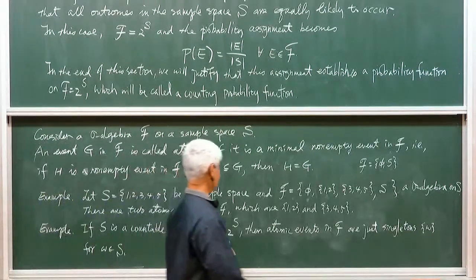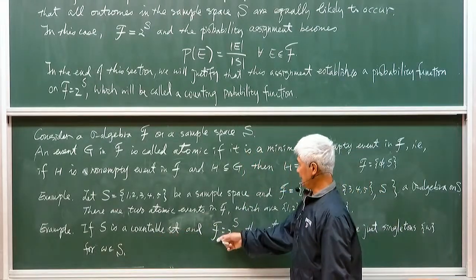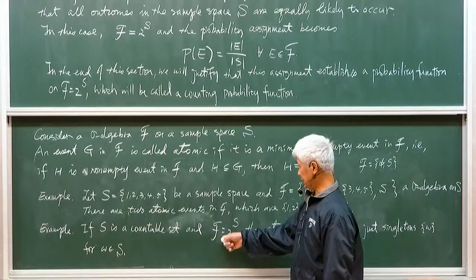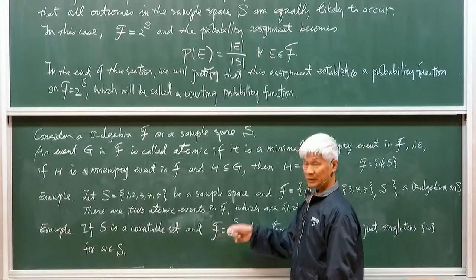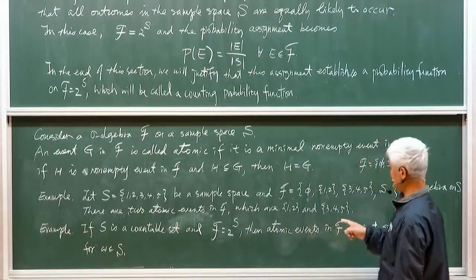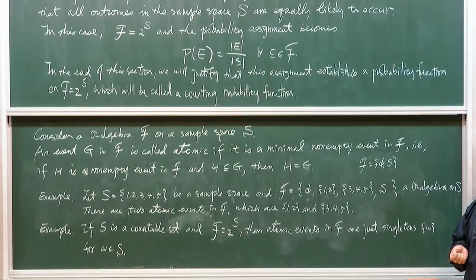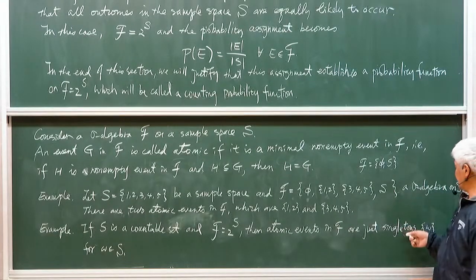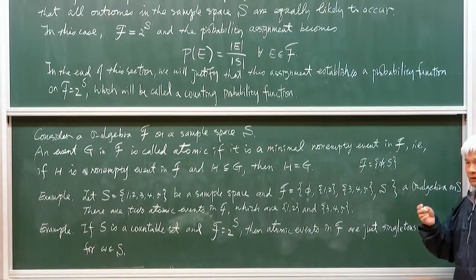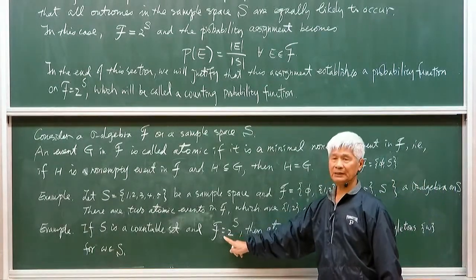When X is a countable set, quite often we select the sigma algebra to be the power set of the countable sample space, and in that case, atomic events are just singletons, because every singleton is an event in the sigma algebra.